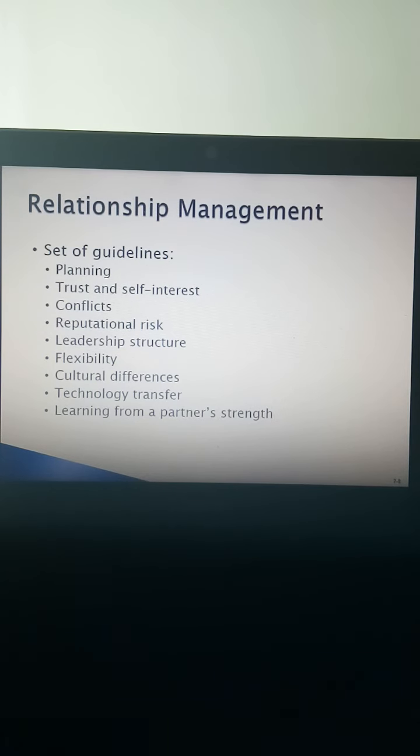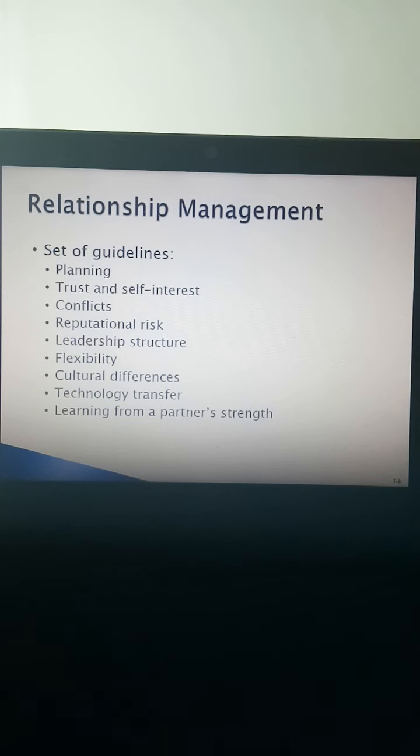Partners must accept the reality that different nations are influenced by different cultures. Okay, we know that different industries and different nations will definitely have different cultures altogether. Partners must recognize the interdependence of partners in building successful relationships.